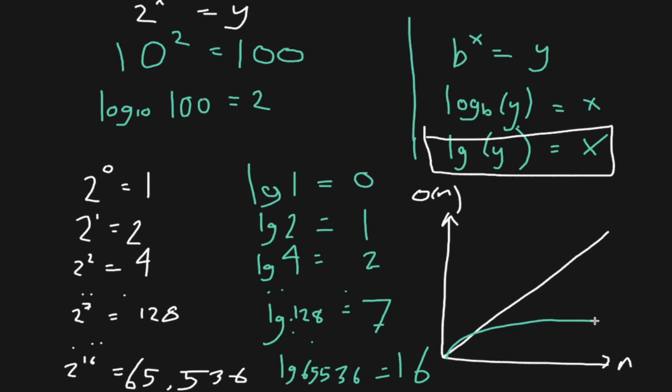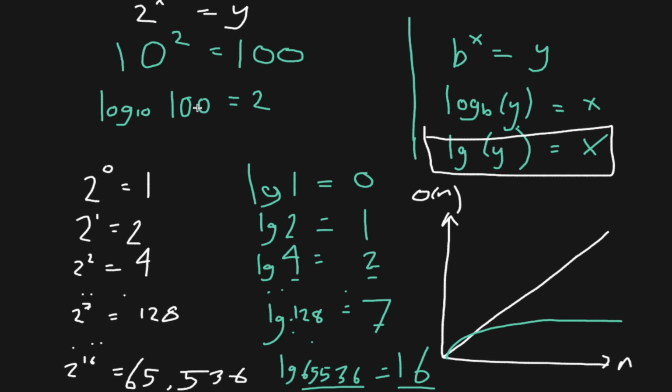It quickly flattens out, because you can see that we've got such a large number here, but that's only 16 relative to, say, 4 and 2. So 2 is really close to 16, but there's a big difference between 65,536 and 4.